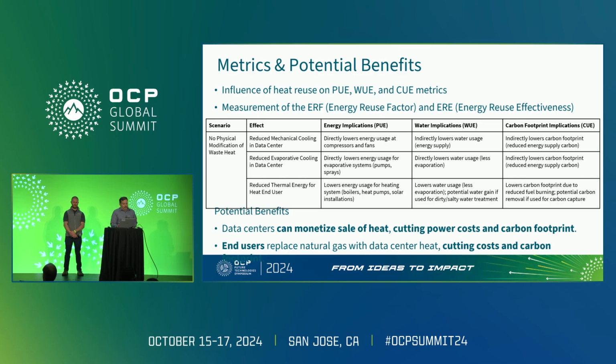So looking at metrics and potential benefits, this has been discussed a little bit, but the OCP Data Center Facility Sustainability Subproject under the Energy, Heat, Water workstream has been working on a white paper looking at the influence of heat reuse on energy and water consumption and carbon emissions. I'll just highlight a little bit here.